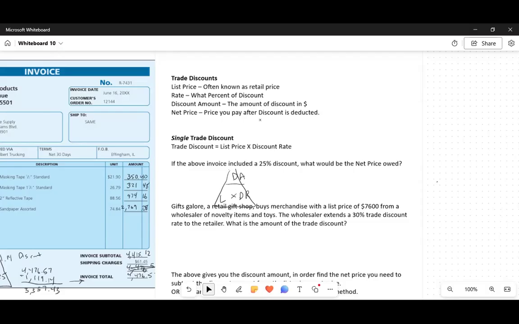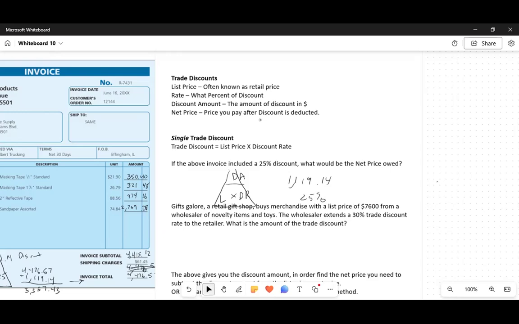Now it's list price times discount rate equals discount amount. So our discount amount, as we saw, was $1,119.14. Our rate was 25%.